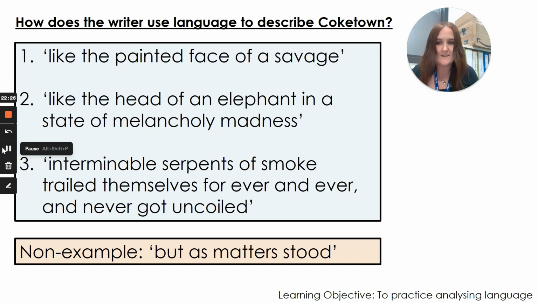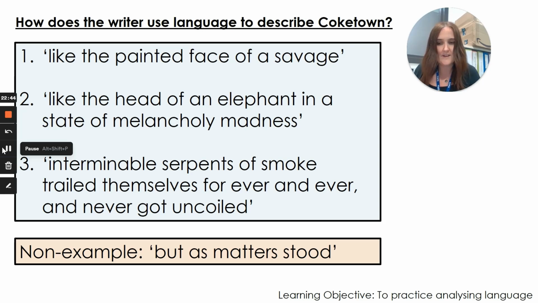That's why we study them, isn't it? Because when you use a simile it really does create strong imagery in your head. Furthermore, some of these quotations are double: we've got the simile, the head of an elephant, but we've also got melancholy madness, which is alliteration. So that gives us even more to talk about.